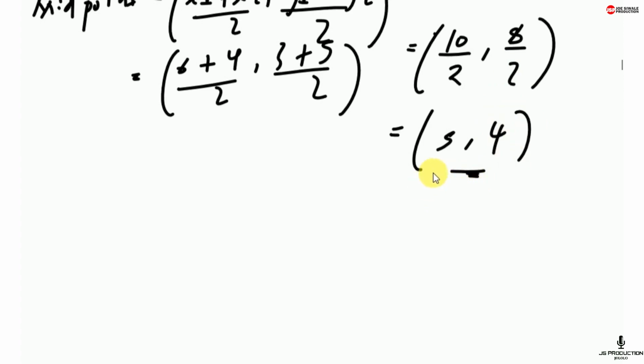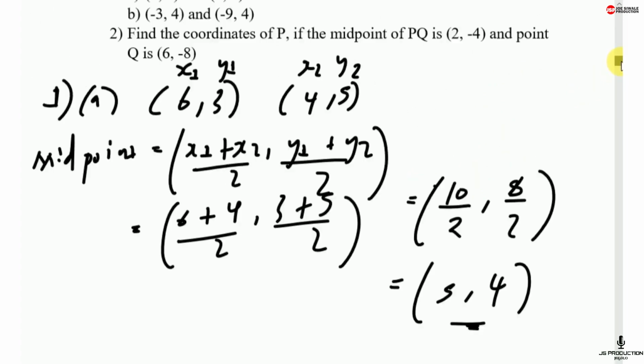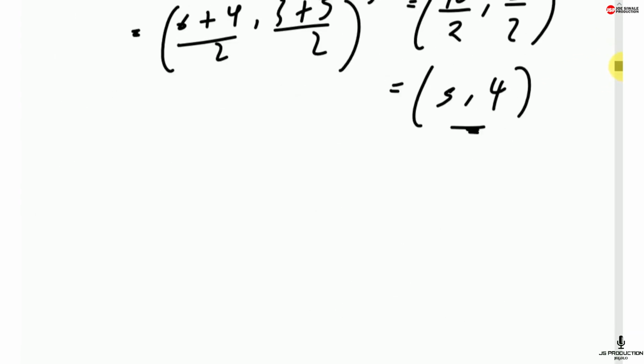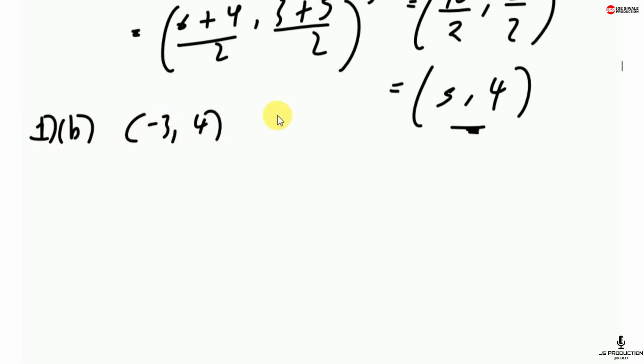Let us look at 1b. 1b there we have (-3, 4) and (-9, 4).